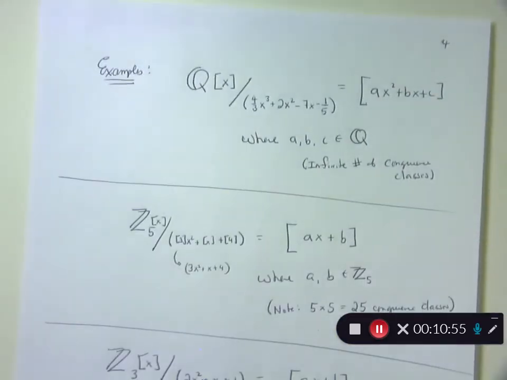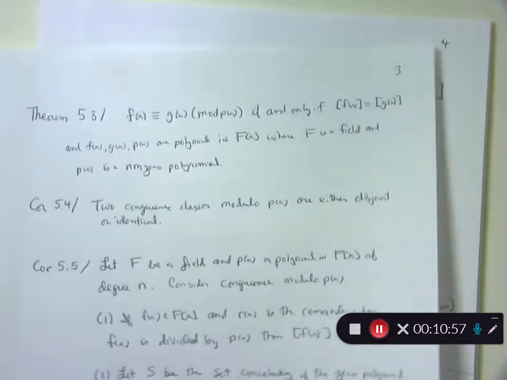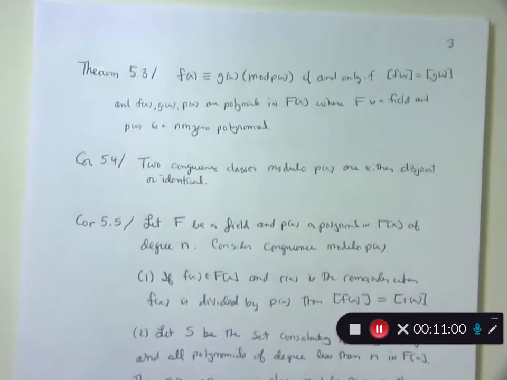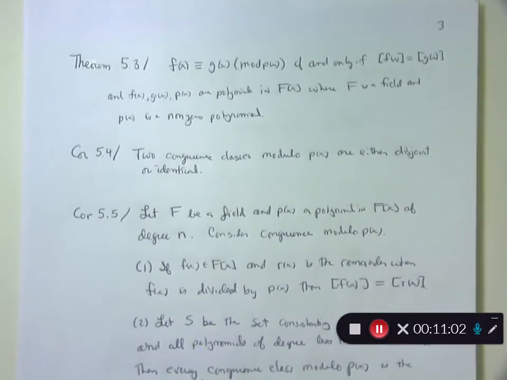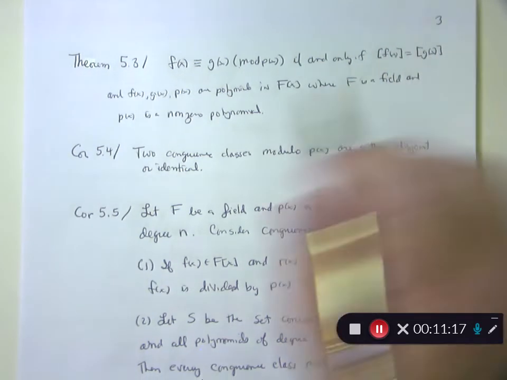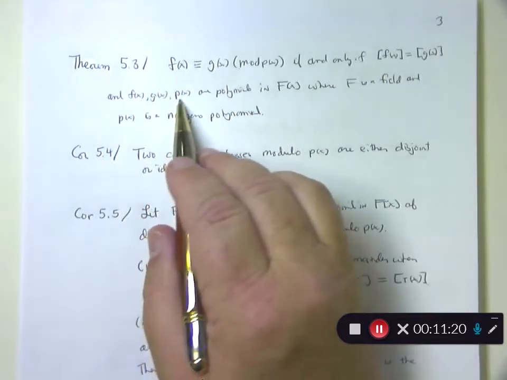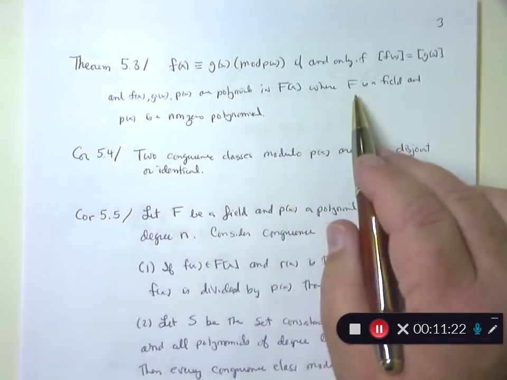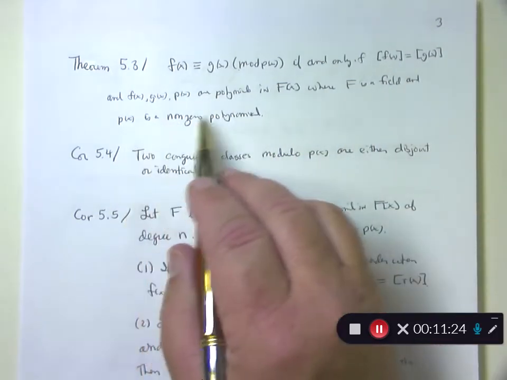So let's get a little more interesting with this particular material. Here we go. One more theorem, and then we'll get some examples. Theorem 5.3 says this. Given f of x is congruent to g of x mod p of x if and only if the equivalence class of f is equal to the equivalence class of g, where f of x, g of x, and p of x are all polynomials in F adjoined x, where F is a field and p of x is a non-zero polynomial.